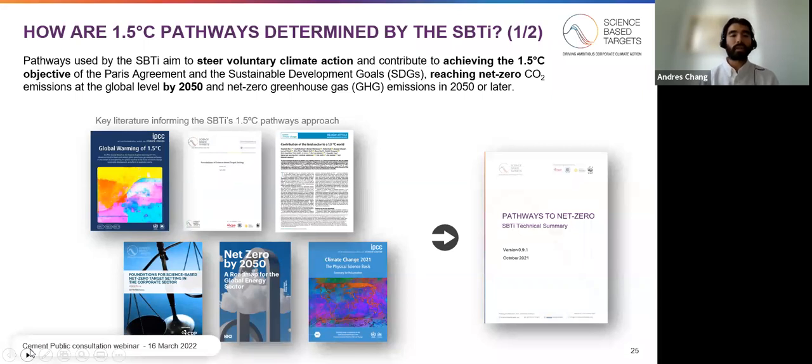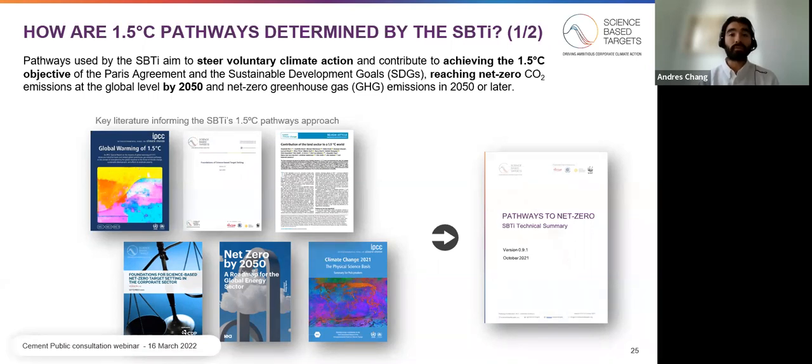To really develop this cross-sector framework, we were building from a lot of different resources, and the 6 key ones are the IPCC's special report on global warming of 1.5 degrees, some of our initial work on the SBTi, like foundations of science-based target setting and foundations for science-based net zero targets in the corporate sector.